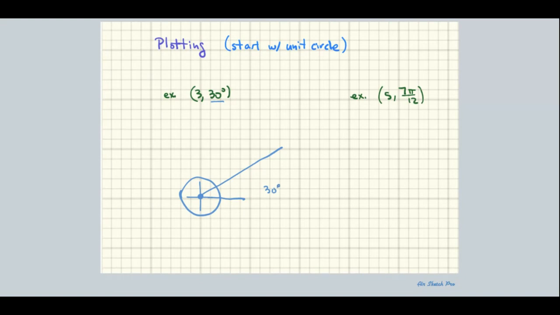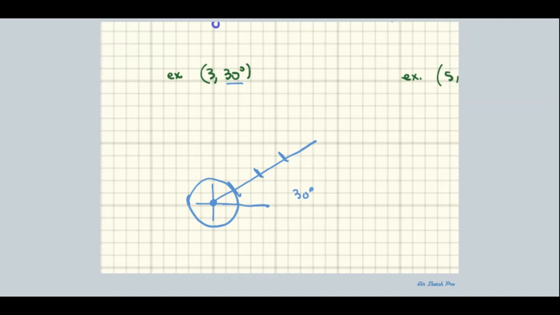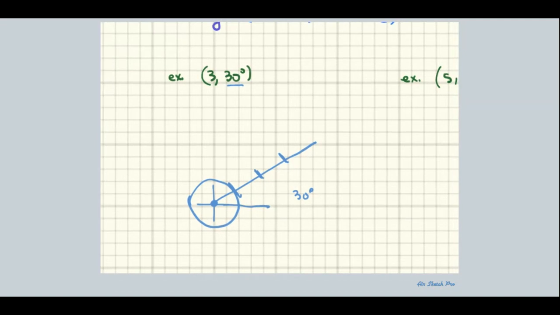Now in that direction, 30 degrees, scale up with circles. r is 1, r is 2, and here we have the point we're trying to plot.